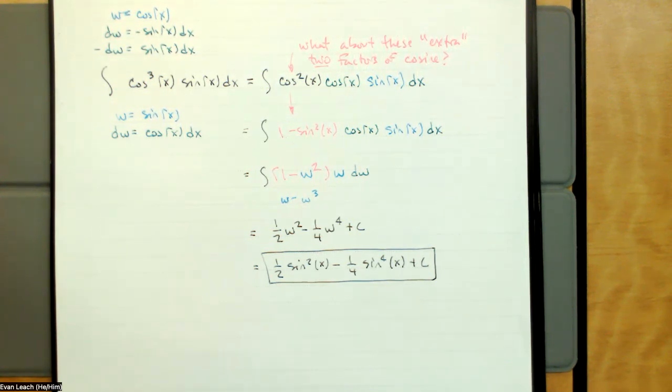Because I can replace the sine squared with 1 minus cosine squared, and I can replace the sine to the fourth with 1 minus cosine squared, squared.